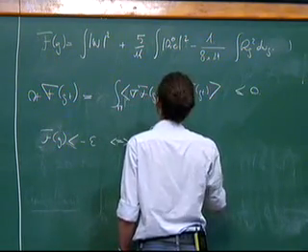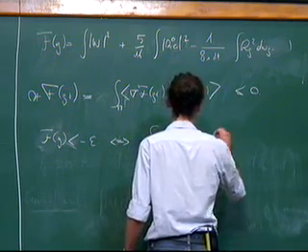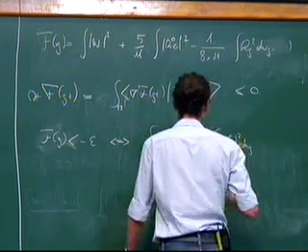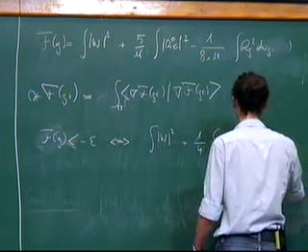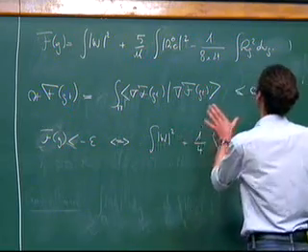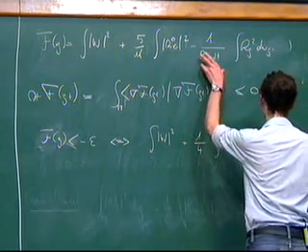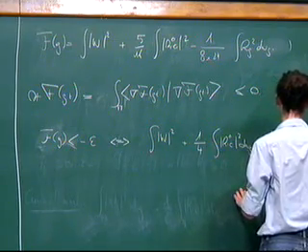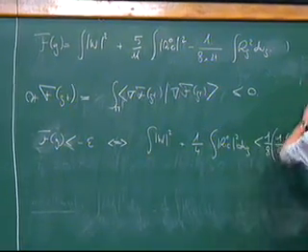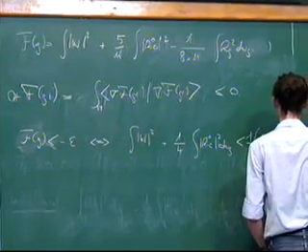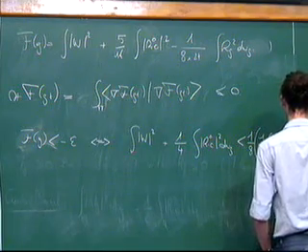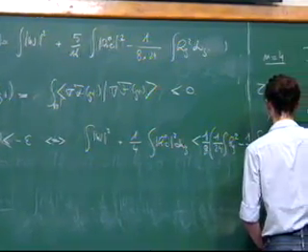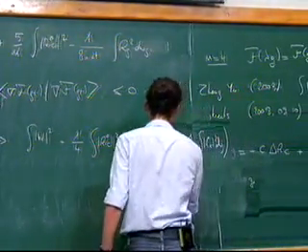So here you take 1 over 4, the traceless Ricci, and this is less than 1 over 8, so 1 over 24 this, minus 1 over 2 this. So this is the mean Q curvature.